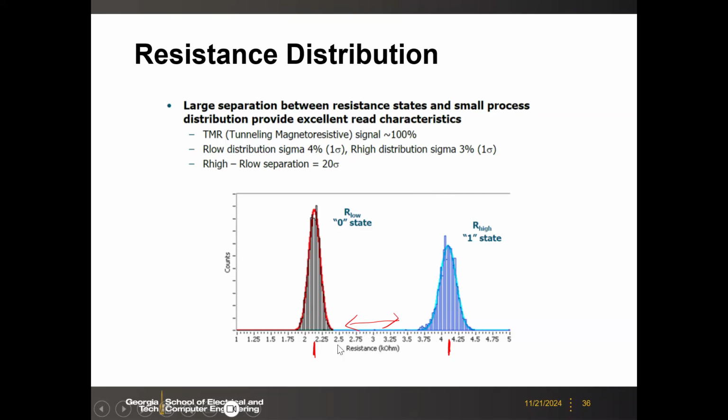Overall, the margin is pretty small compared to other technology. If you recall, for phase change the R ratio could be 5 times, 10 times, or even 100 times. Here it is only 2 times in terms of the ratio of the resistance. So that's why MRAM design, especially the sense-amp design, is more difficult, because you have to compensate for this small ratio.